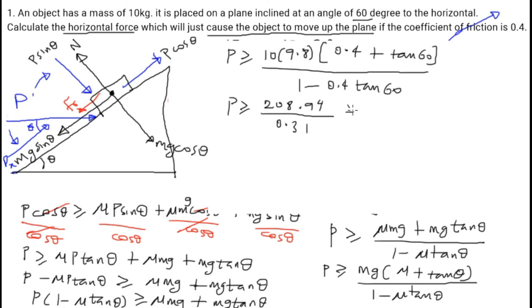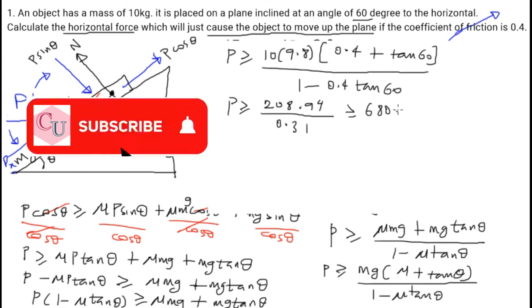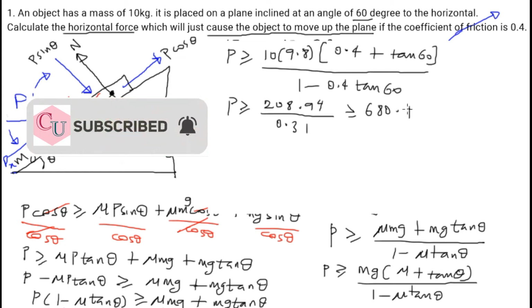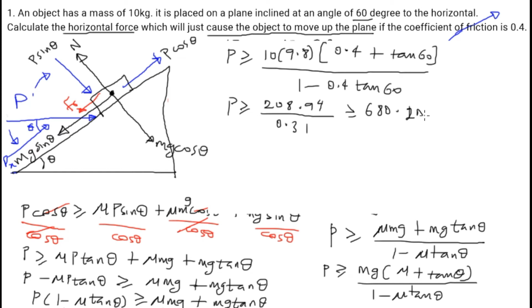If you do this division, we get 680.1 or 680.2 Newton. So P has to be greater than or equal to 680.2 Newton. The point where P is equal to 680.2 Newton is the minimum force.